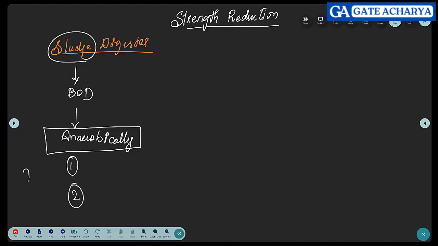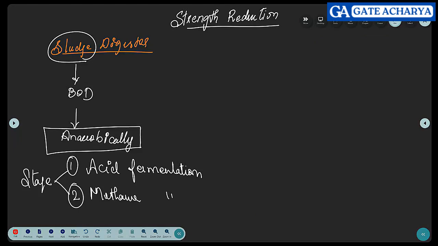Stage 1 is acid fermentation, and stage 2 is methane fermentation. Acid fermentation, then methane fermentation.